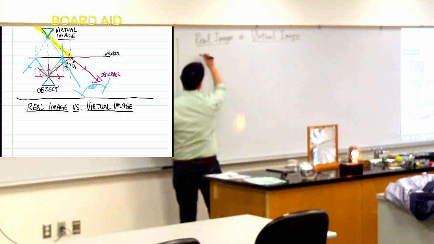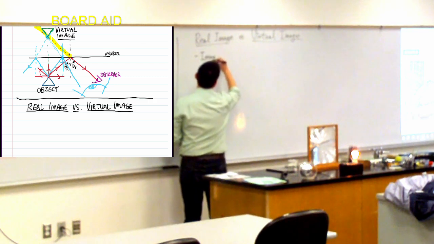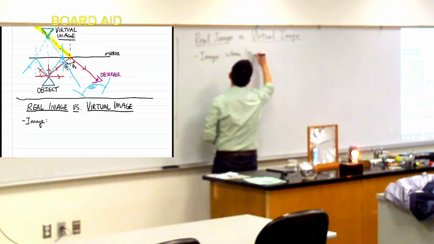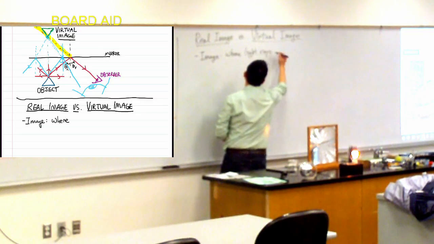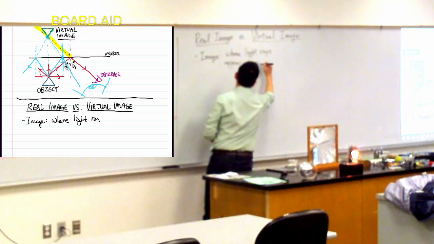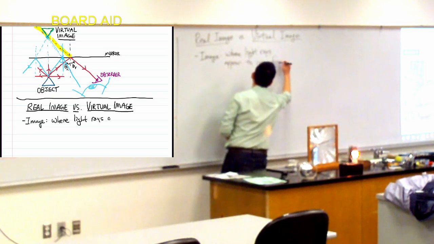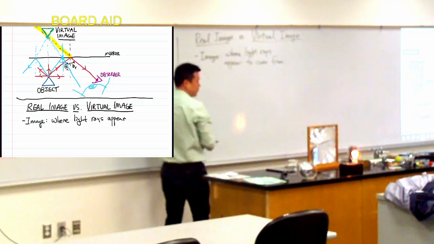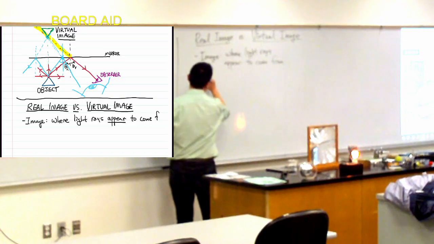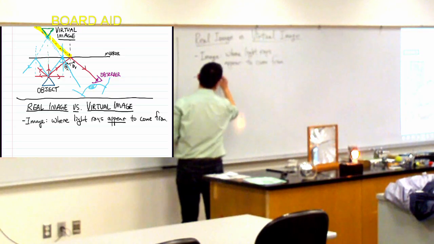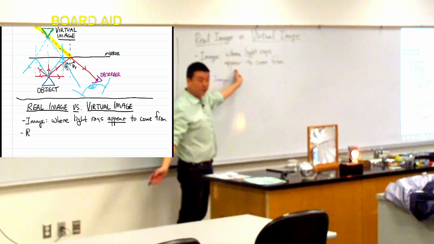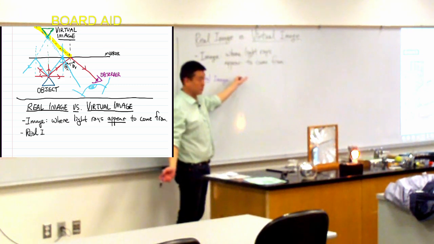In both cases, you would say the image is where light rays appear to come from. And I guess it's better to define just the word real. When you have a real image, not only do the light rays appear to come from there, the light rays actually come from the image.